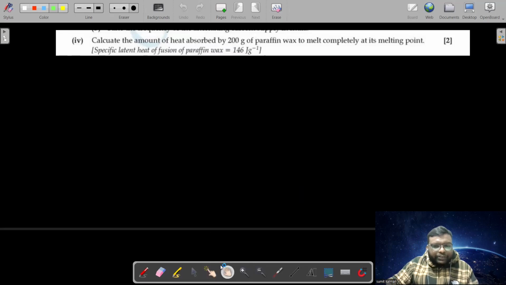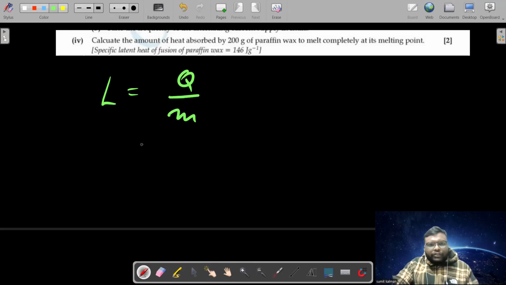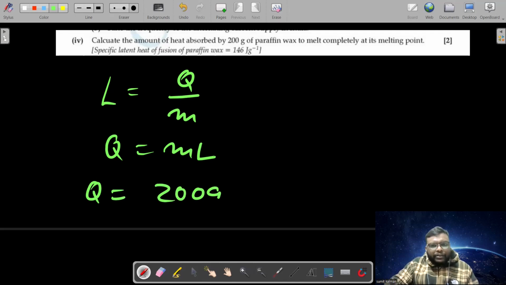So here, as we all know, specific latent heat is given by this formula: L is equal to Q by m. Here we have to calculate heat, so Q is equal to mL. So Q is equal to mass, which is given as 200 gram, and the specific latent heat of fusion of paraffin wax is given, it is 146 joule per gram.